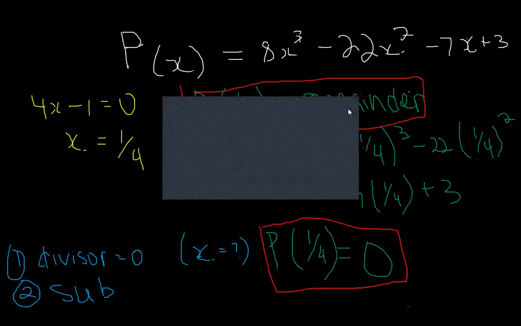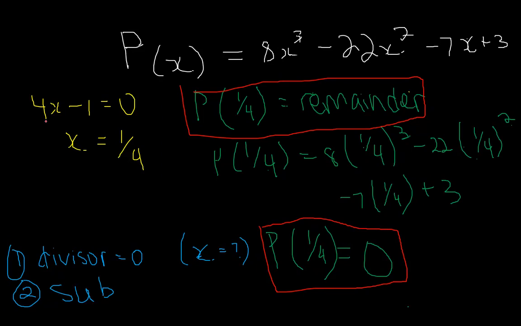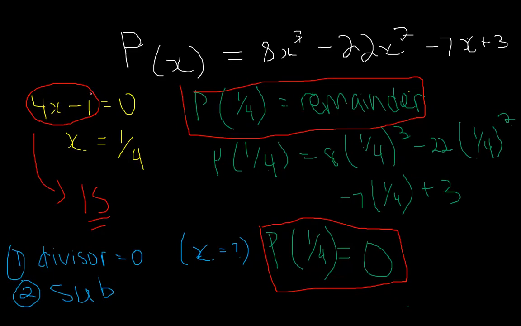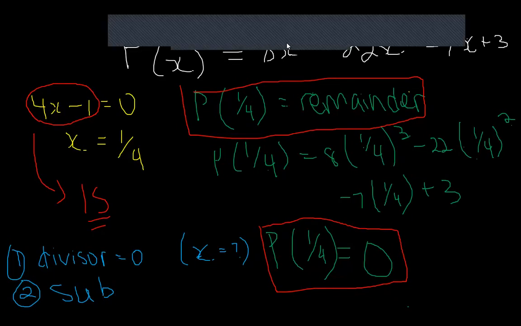Since my remainder is 0, that means that this divisor, 4x minus 1, is a factor. So just for the people who came in late, I had 2 divisors, and the question wanted you to determine which one of them was a factor. The first one wasn't a factor, but this one is a factor.